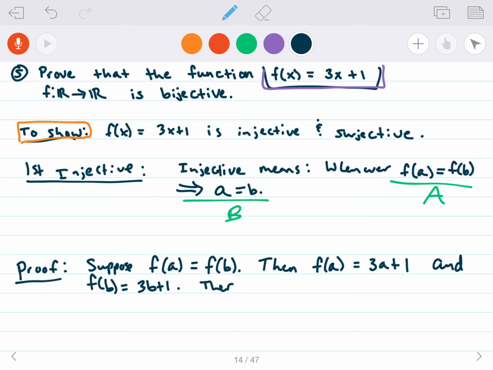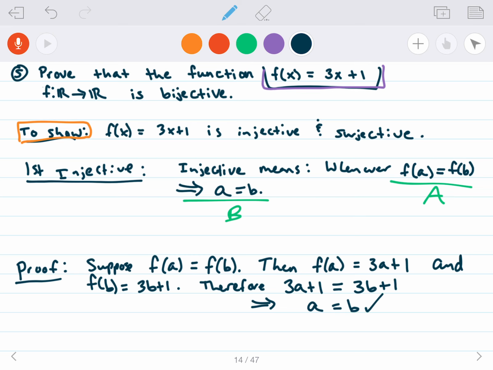Therefore, since we supposed this, we set them equal to each other, right? So therefore 3a plus 1 equals 3b plus 1. And of course, we all know how to solve equations. Subtract 1, divide by 3, and this implies that a equals b.